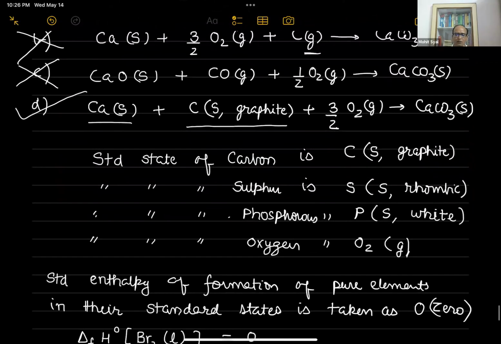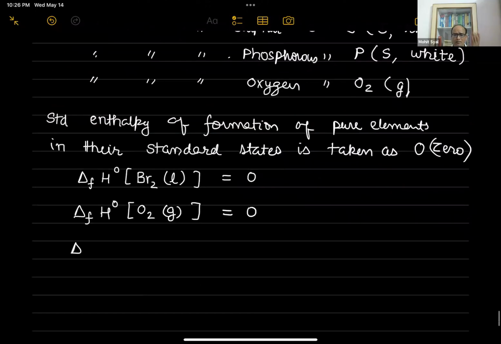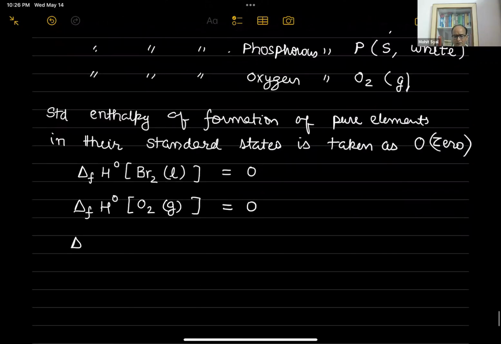But if somebody asks you what is the standard enthalpy of formation of pure elements, you should say the standard enthalpy of formation of pure elements in their standard states is 0. Is it clear?